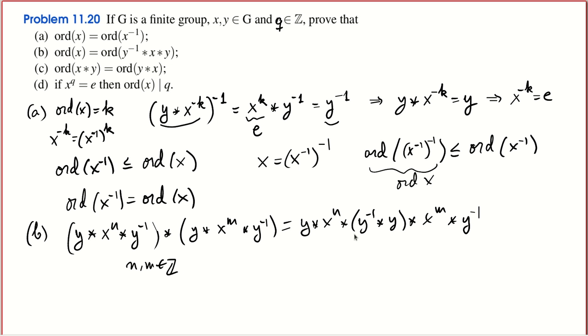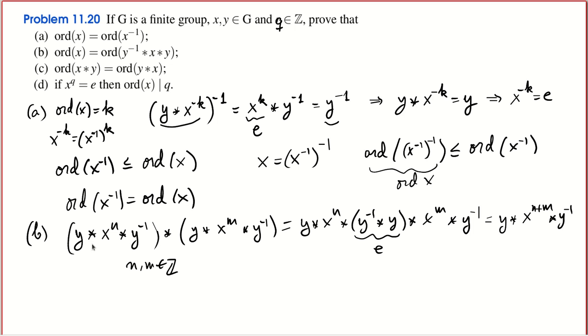And of course, y to the minus 1 times y is equal to the identity. So what we have here is the product of these two powers. So we add the powers, and we just have y times x to the n plus m times y to the minus 1.